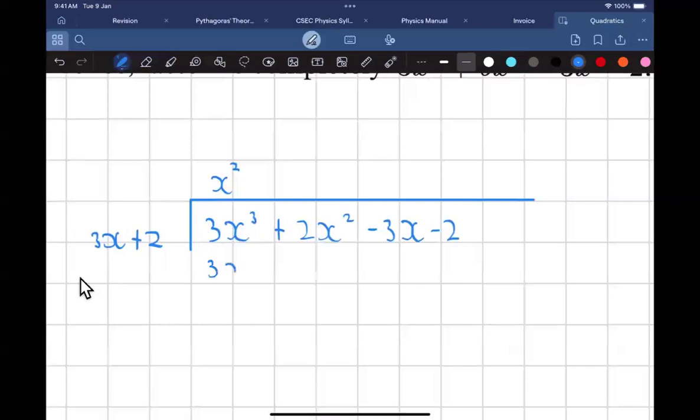You get 3x cubed plus 2x squared, and you subtract that and get 0. Then you bring down the minus 3x, and you divide that by the 3x and you get minus 1.